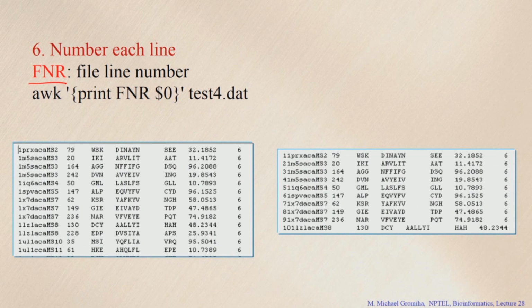If you want to consider all the columns and print everything, you write print FNR and $0. What is the meaning of $0? The entire line. If you write $1, it gives only the first column. If it is $0, it means the entire line.